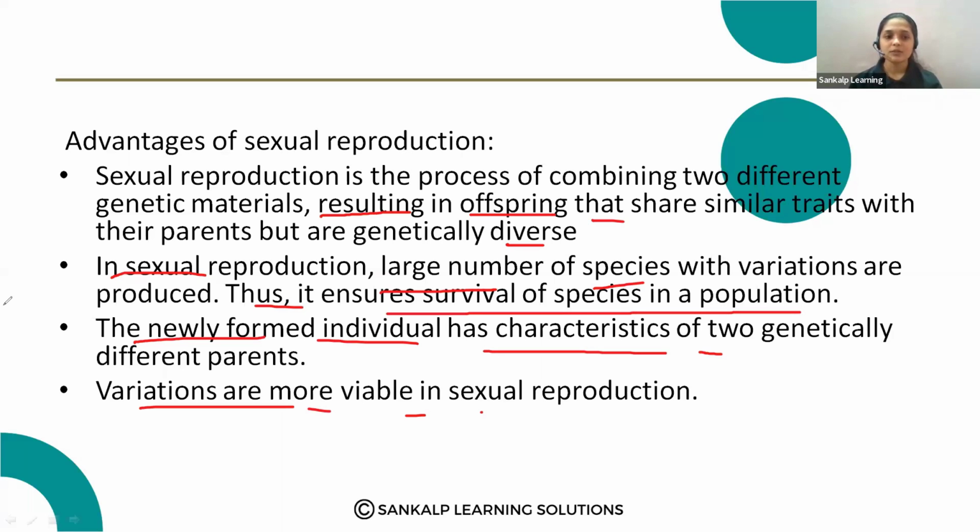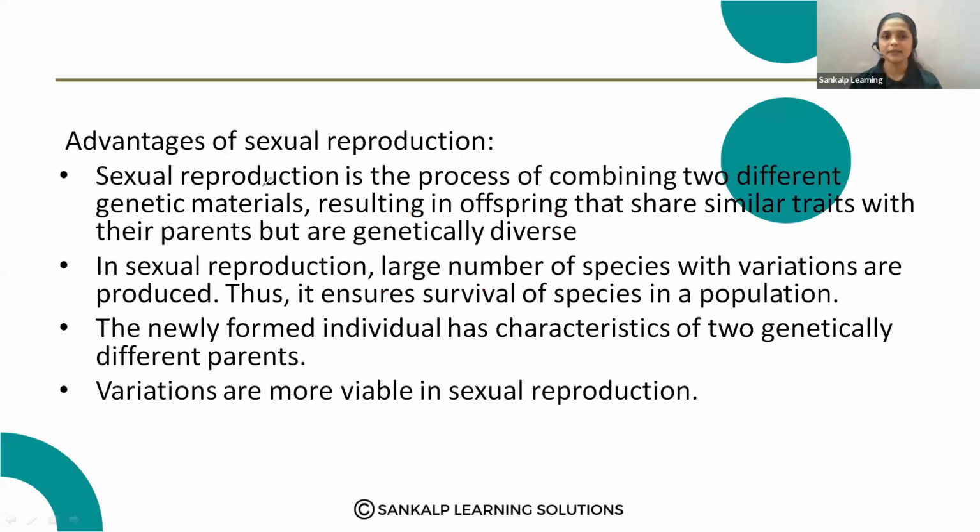So like this you can write the answer. Note down the answer. What are the advantages of sexual reproduction over asexual reproduction? Here, very important is it ensures the survival of species in a population.